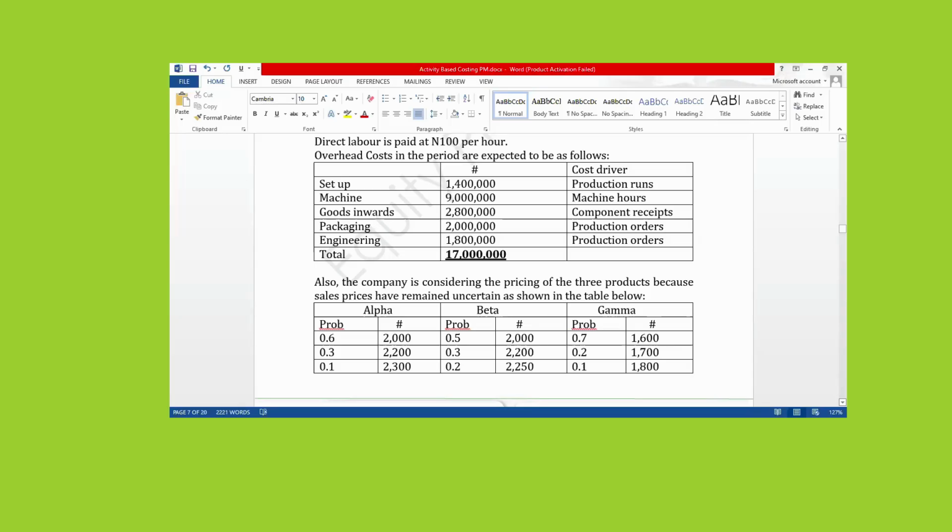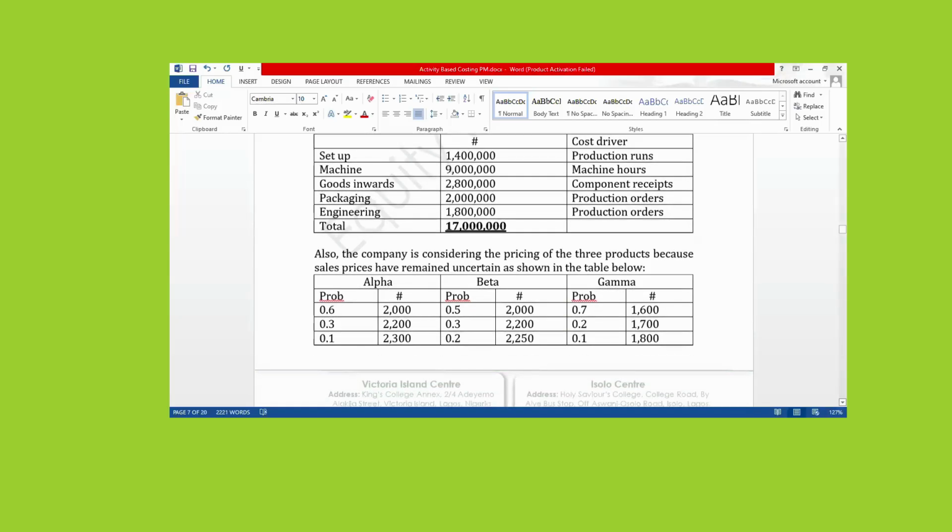The selling price for alpha may be 2,000 at a probability of 0.6, or 2,200 at a probability of 0.3, or 2,300 at a probability of 0.1. We are given the same for beta and gamma.